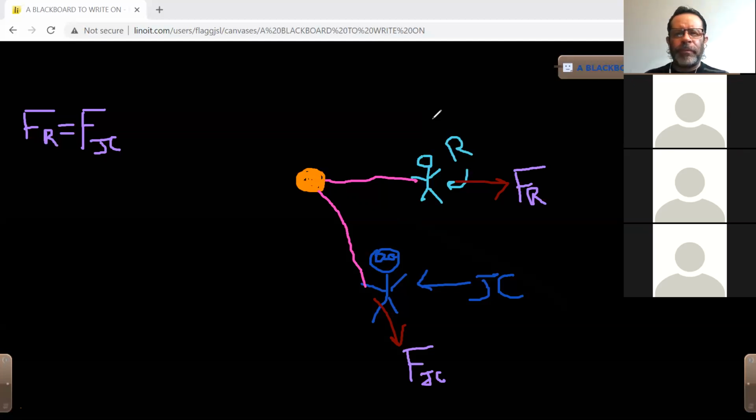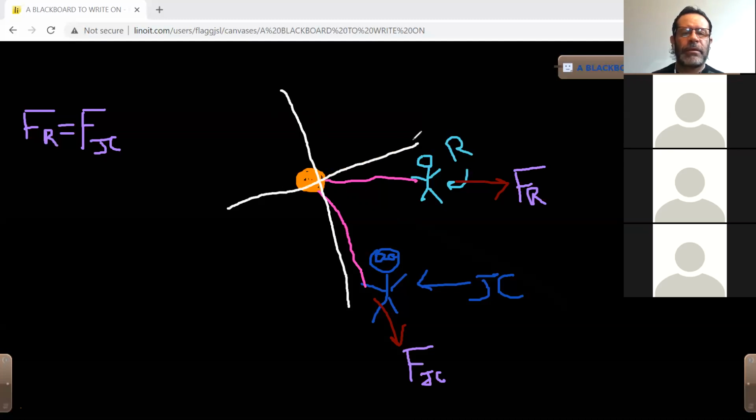So for example, I'm going to give a few examples. What if I say that the free body diagram is going to go like this? Why would that not be convenient?